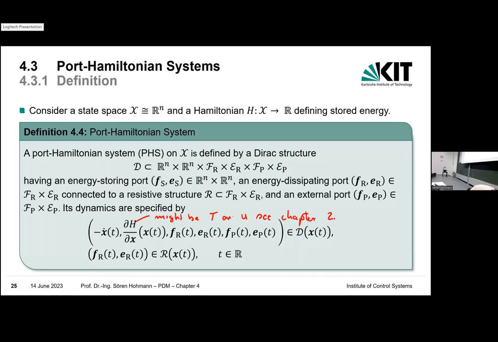Okay, so we have dynamics in that sense, because we see some sort of differential equation. Is it the differential equation? No. What does it say? It says not everything is allowed. Only those variables are allowed which stay in the Dirac structure, so which are fulfilling the properties of the last subchapter.